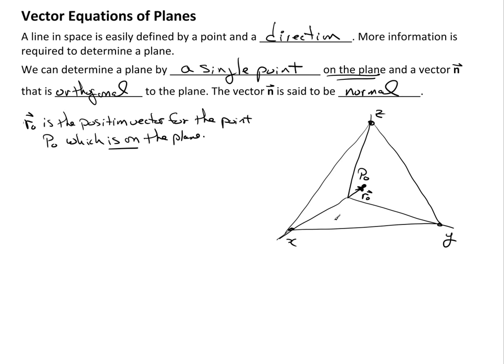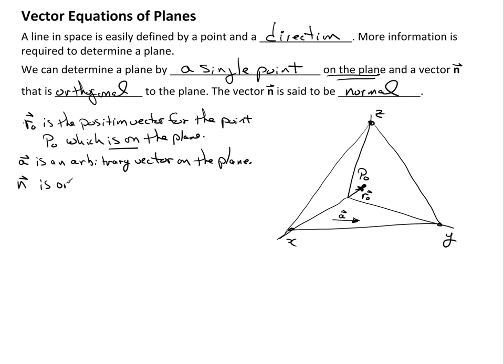Now I'm going to take vector A and simply say that vector A is an arbitrary vector that's on the plane. And I'm going to add this normal vector, n.